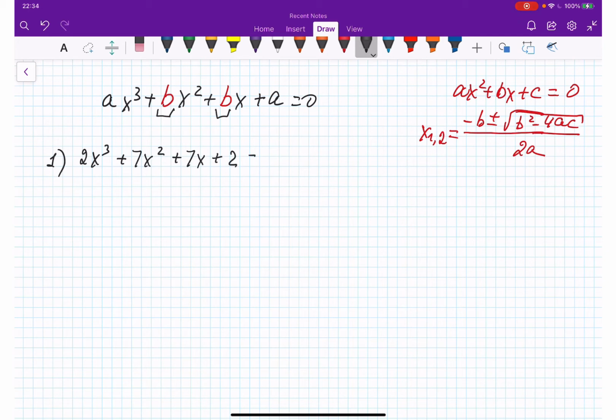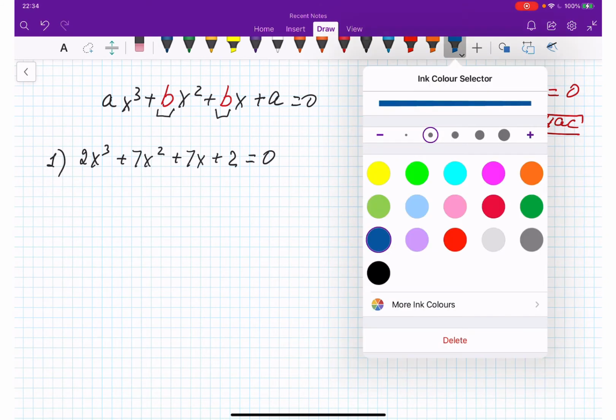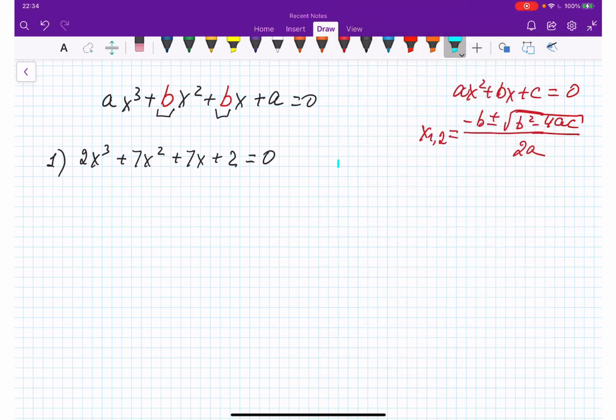What is interesting about this type of equation is that we have every single degree of x. We have degree 3, degree 2, degree 1 (here we don't write the 1), and here we have just a constant because it is x to the power 0.